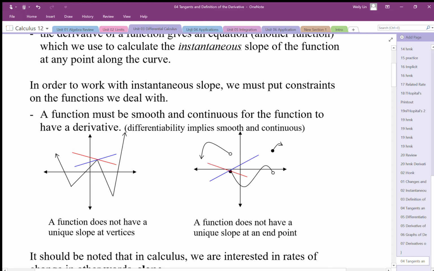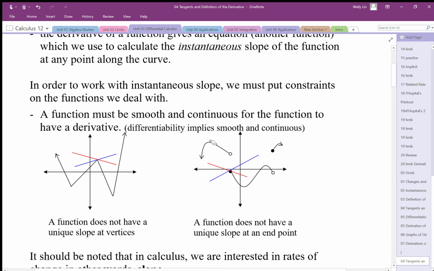The derivatives are not defined at these endpoints because, again, from one side we're getting one slope, from the other side we're getting a different slope, and the graph also breaks apart. So the condition for being able to find a slope function is that the function has to be smooth and continuous. Otherwise, when we apply a limit, there are places where the limit may not work.